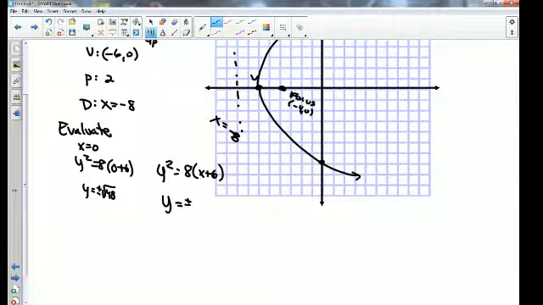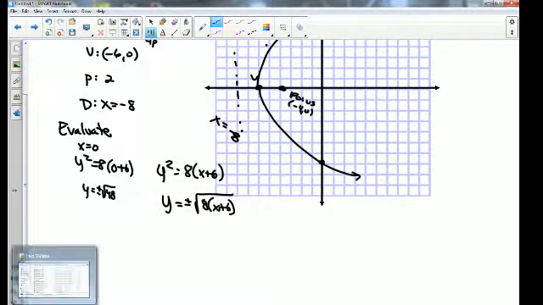Positive or negative square root of 8x plus 48. So if you're using parent functions here, how far left are we? 6 units. Right, and that square root of 8 is going to make us be bigger and open wider. And the negative's giving us the bottom there. So your parent function knowledge still applies if you rewrite it. It's a valid way to do that.